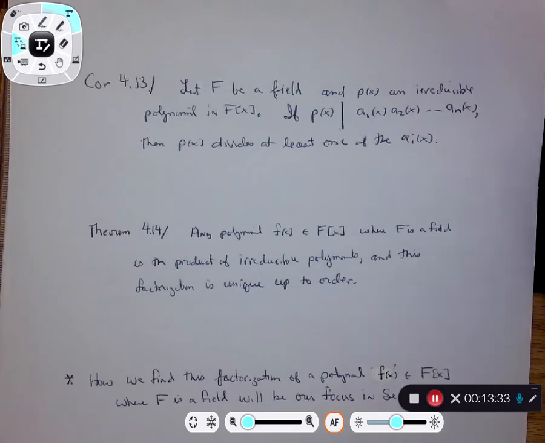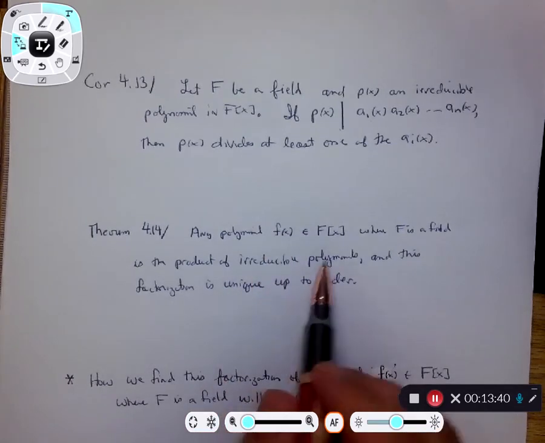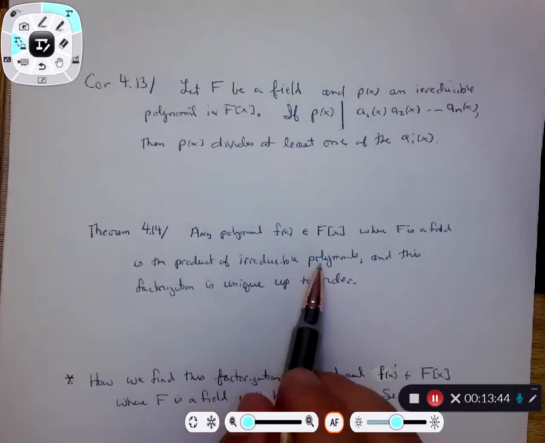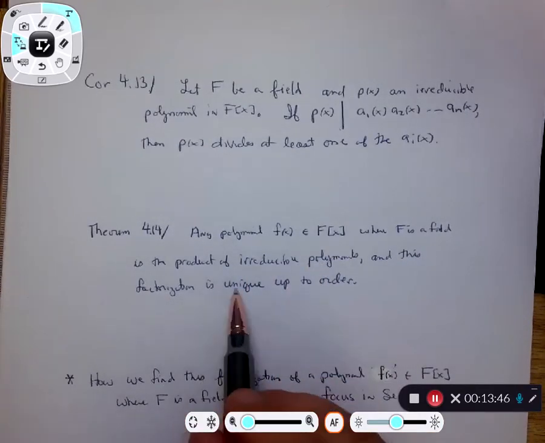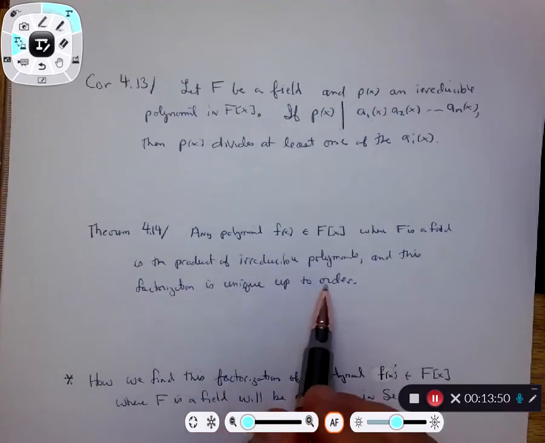So if I've got a polynomial, I can factor this polynomial as a product of irreducible polynomials. Now remember, irreducible, you can always pull out a constant. We don't care about the constants. So this factorization is going to be unique up to constants you pull out, but also up to order.